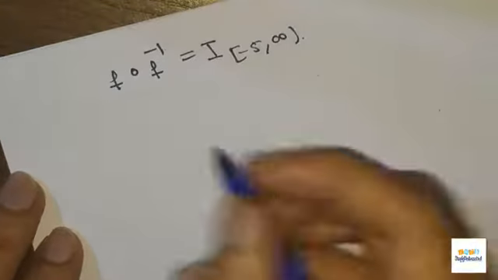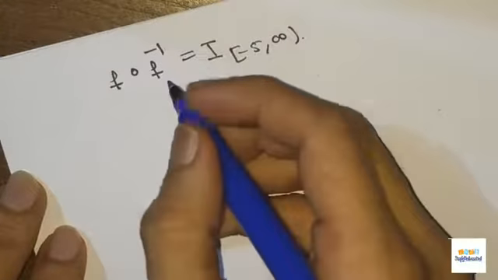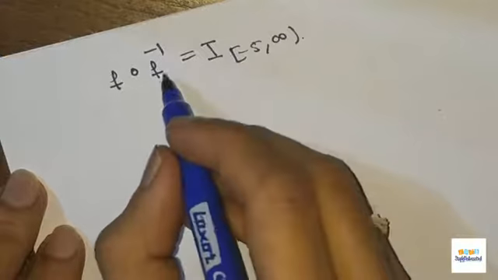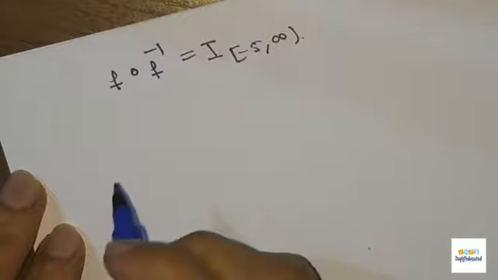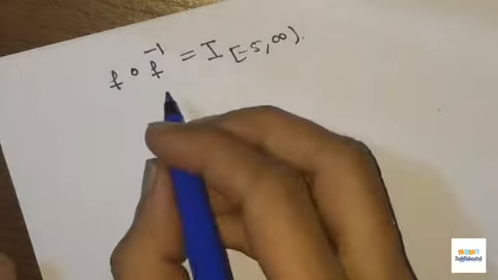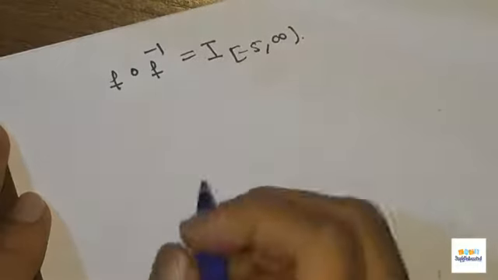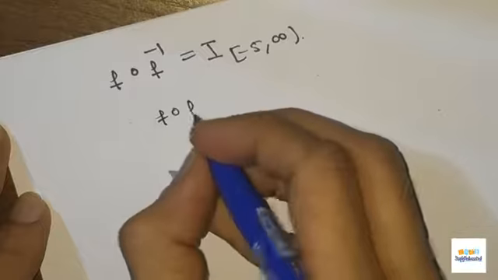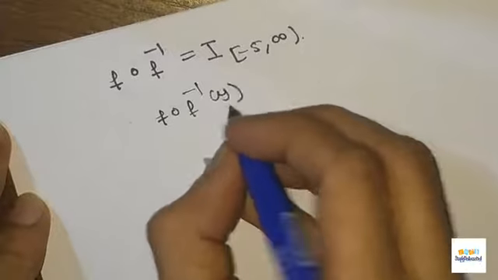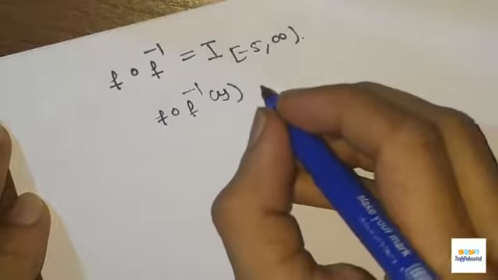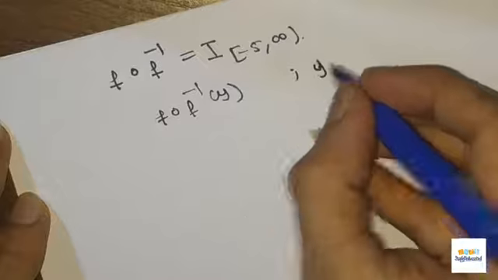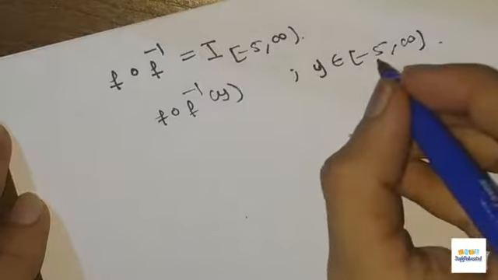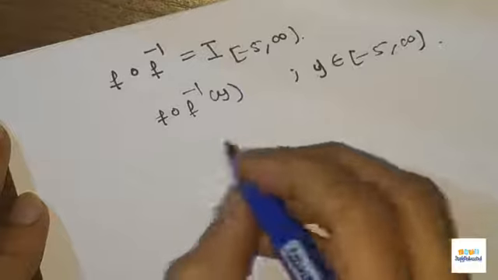Now since we have to prove this, what we have to do is we have to take one value in the domain of f inverse. So we have to take f composition f inverse of y, where y belongs to the domain of f inverse, that is closed minus 5 comma infinity open.